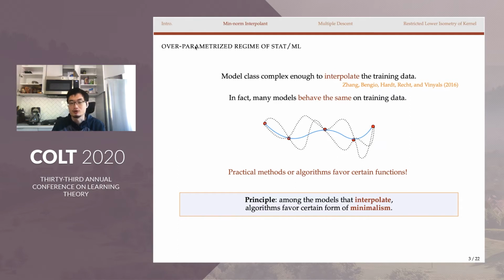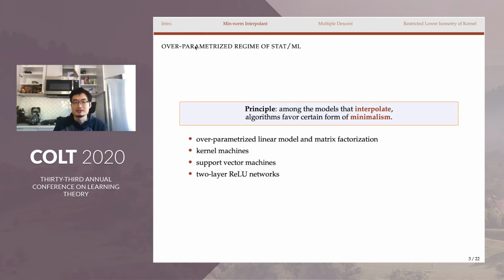The principle is, among the models that interpolate, algorithms often favor a certain form of minimalism. This can be seen in popularly used methods like over-parametrized linear models, matrix factorization, kernel machines, support vector machines, and two-layer ReLU networks.